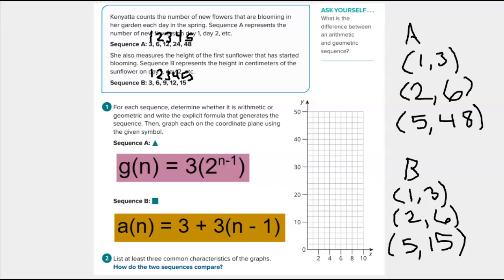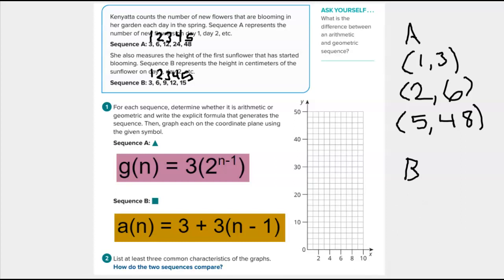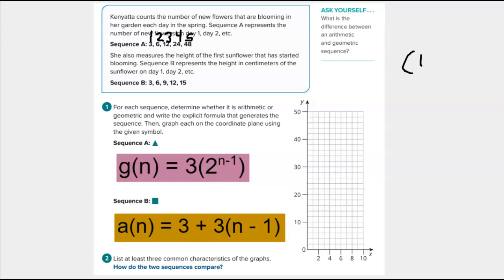So now, let me get rid of these. The other thing to remember is what you know about arithmetic sequences and geometric sequences, because you're going to be asked on this page to explain some of the characteristics of the graphs.